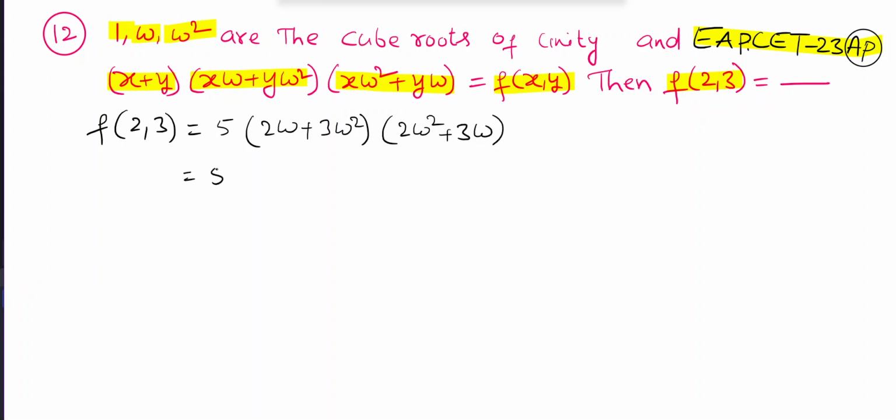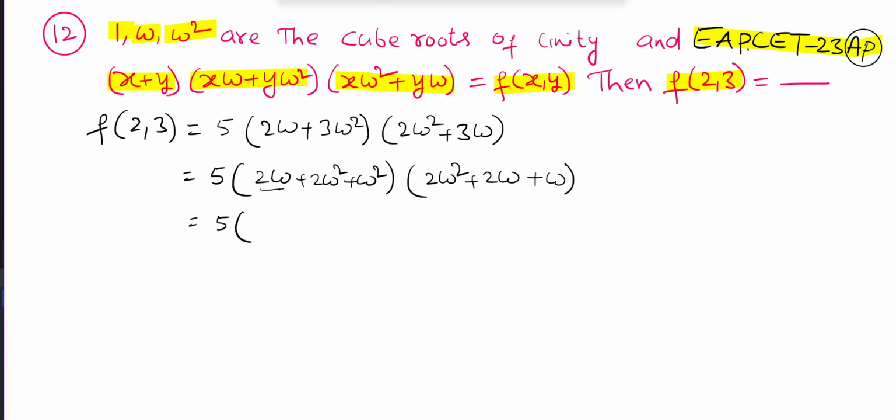That is equal to 5 into (2 omega plus 3 omega square), written as 2 omega plus 2 omega square plus omega square. And 2 omega square plus 3 omega is 2 omega square plus 2 omega plus omega. This is equal to 5 into (2 omega square plus 2 omega plus omega square)... This value is minus 2 plus omega square, and the other is minus 2 plus omega.